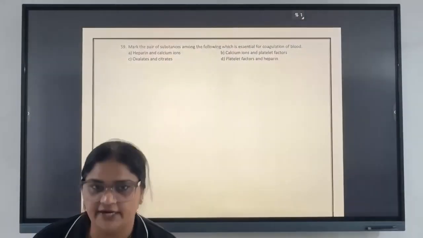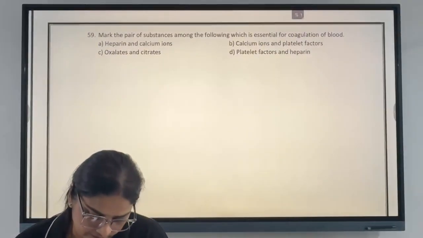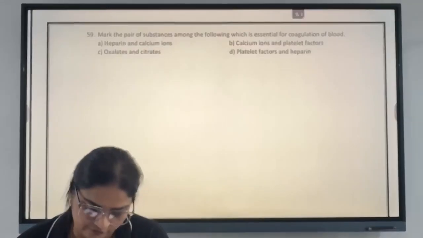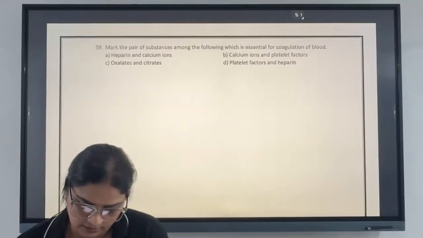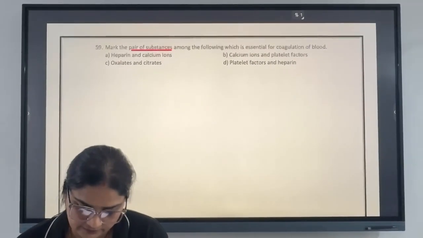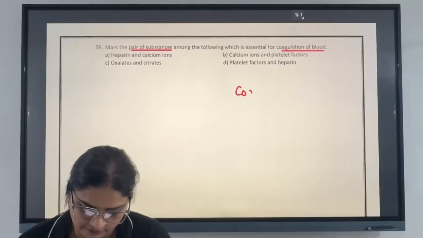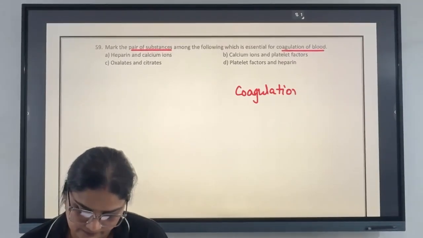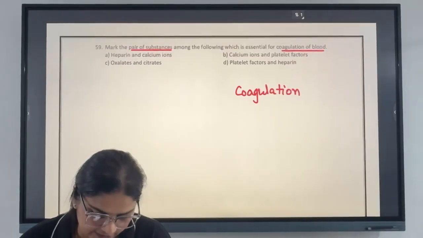Coming to the 59th question. Mark the pair of substances among the following which is essential for coagulation of blood. So here you have to identify clotting factors or coagulation factors. Option A says heparin and calcium ions.